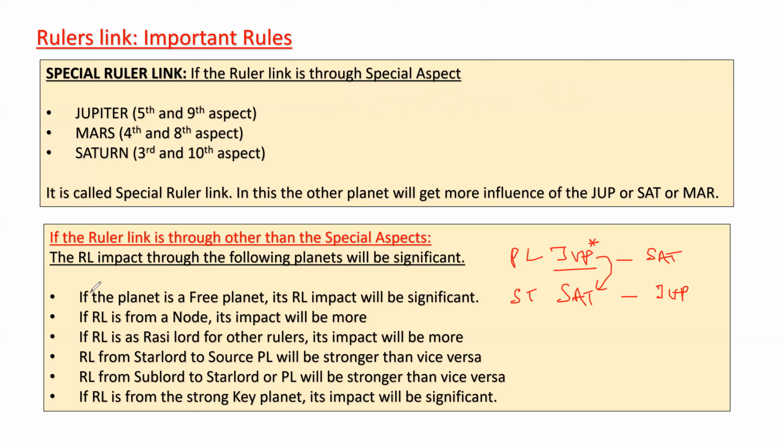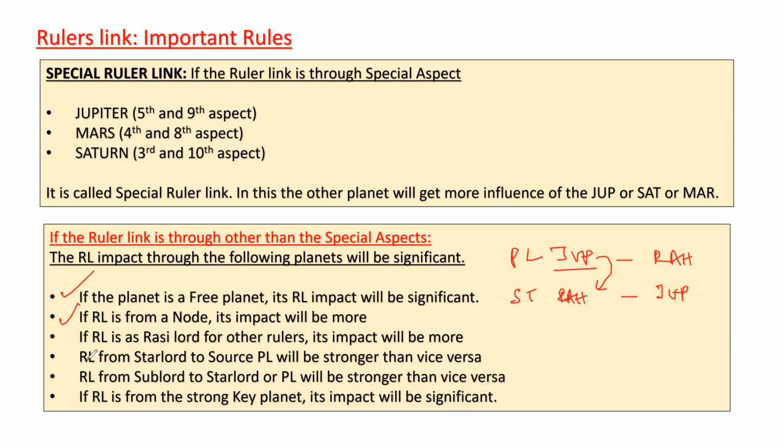If it is a free planet, and suppose instead of Saturn, the star lord planet is, for example, Rahu. So Jupiter will have Rahu in its supports and Rahu will have Jupiter in its supports. Now, basically the star lord's influence on the planet will be more than the planet's influence on the star lord.